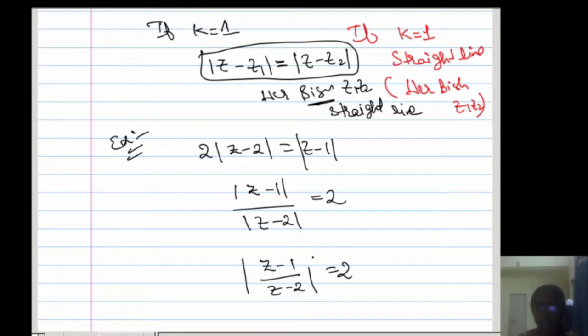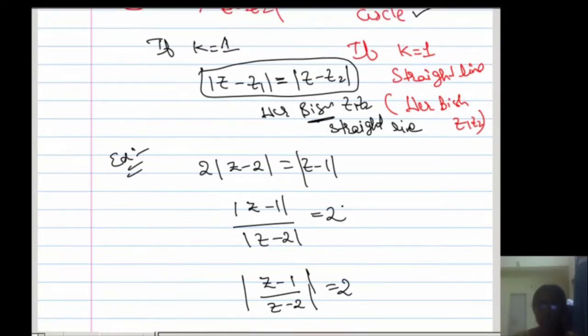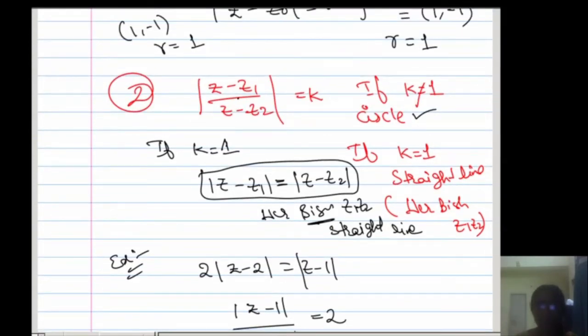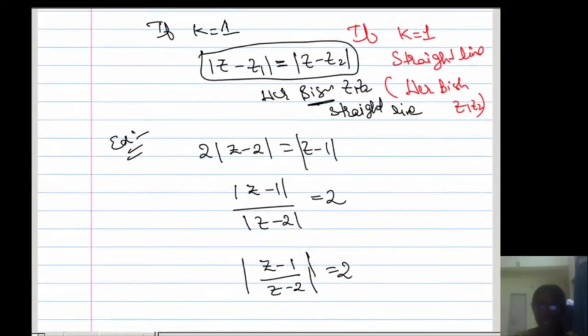Looking at the above property, mod of z minus z1 by mod of z minus z2 equal to k, it is in that form only. You may have the doubt: here z1 is 1 and z2 is 2. Already I told you a real number is also a complex number, because I can write 1 plus i into 0, and 2 plus i into 0.